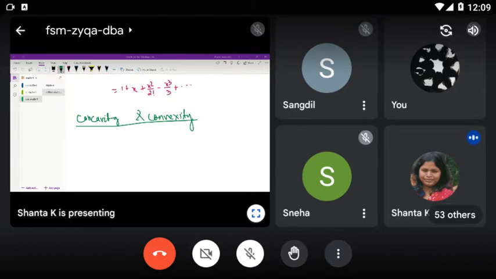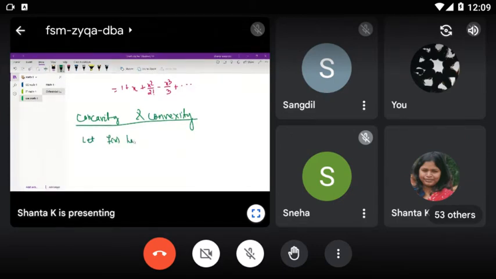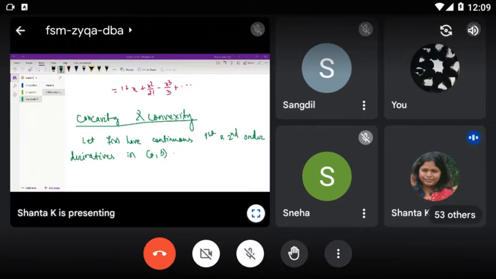So this is the initial condition: f(x) has continuous first and second order derivatives in the interval (a, b). Then we define the concavity or convexity of a curve.